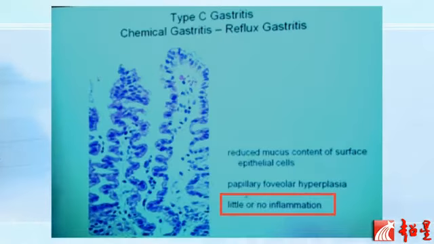And the third characteristic is there is little or no inflammation. Although it is gastritis, it is without inflammation, just the reduced mucin content and this hyperplasia.